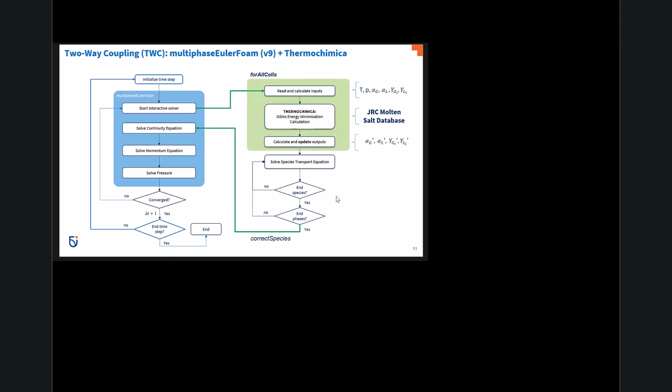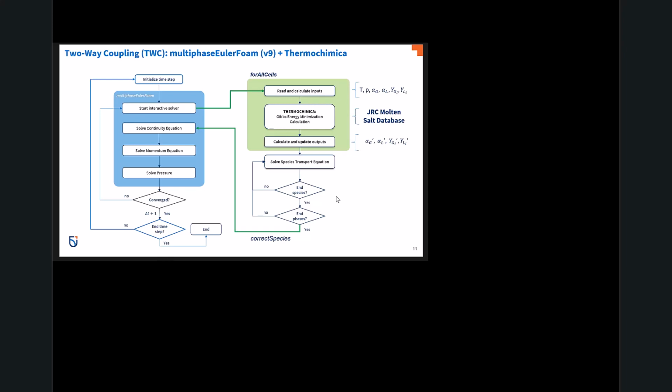And THERMOCHIMICA, as I said, is an equilibrium calculation. Let's suppose we have a cell here with half liquid and half gas. If something on the gas side is reactive with the liquid side, I instantaneously update the mass fractions of the species and then progress the solution.